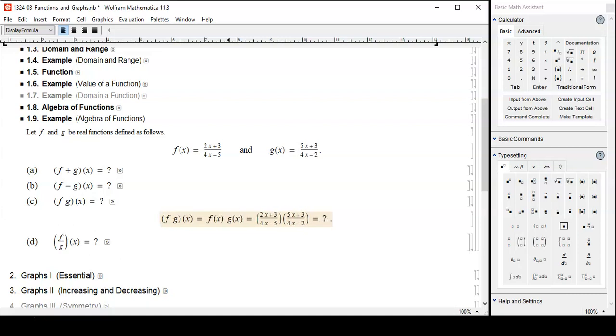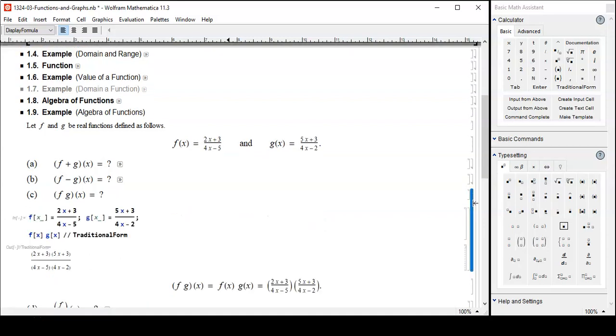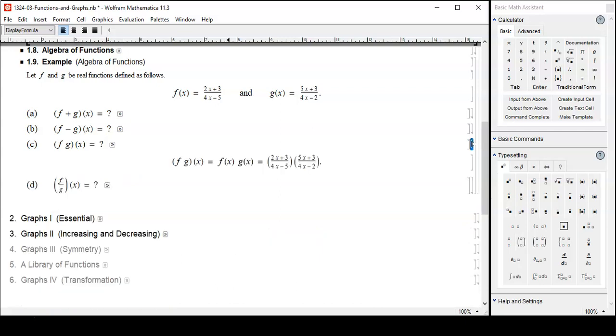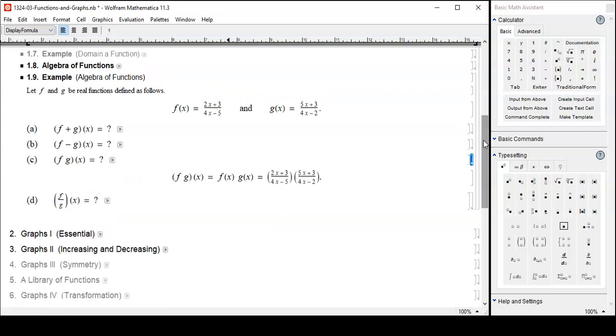And then, let's see, do we need to simplify this? No, I do not think so. I'd rather stop here. What did I do here? Yep, I didn't do anything except putting the numerator together and the denominator together. Okay, all right. I could have done that, but what's the point?